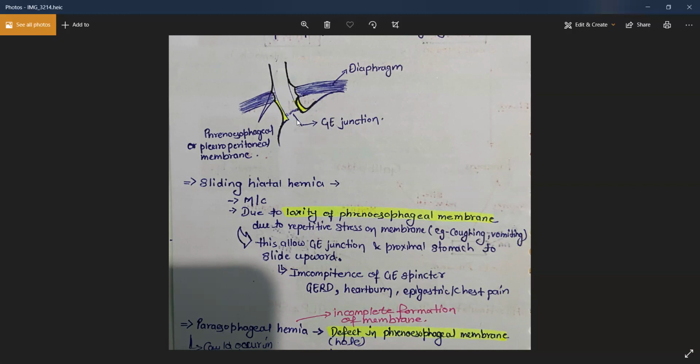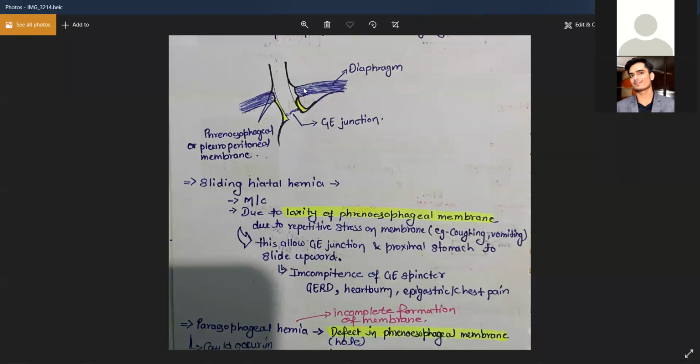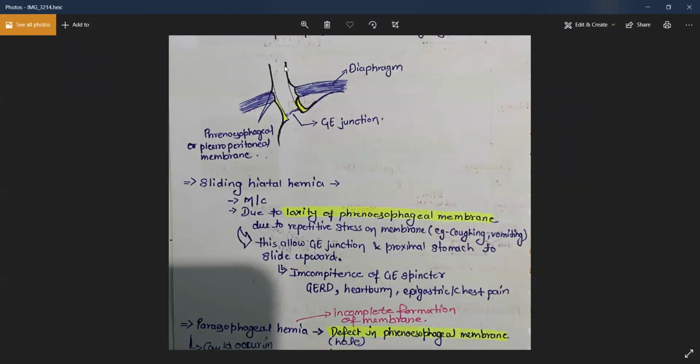So this part will be shifted upwards, and as a result, the lower esophageal sphincter will also shift upwards. The lower esophageal sphincter tone will be lost, and the patient can get GERD. So whenever a patient gets a sliding hiatal hernia, he will always get GERD because of incompetence in the GE sphincter.